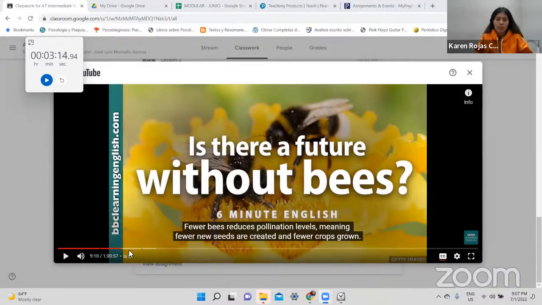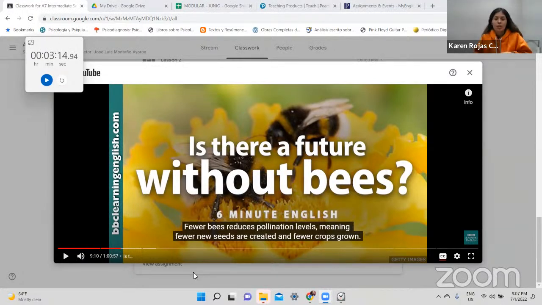With this process, the bee gets pollen along with them from one flower or plant to another.